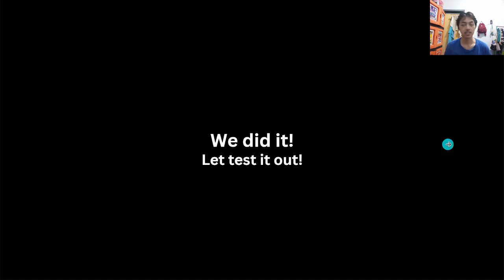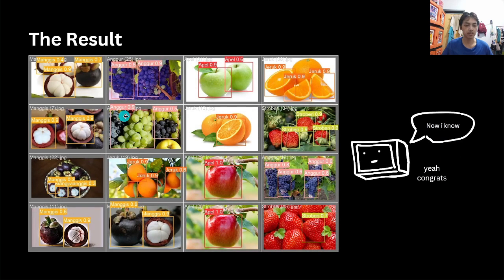So let's test it out. This is the result. We can see this object is recognized as an apple at 90%, and this one at 60%. I think it's 60% because the image of this apple is cropped off.